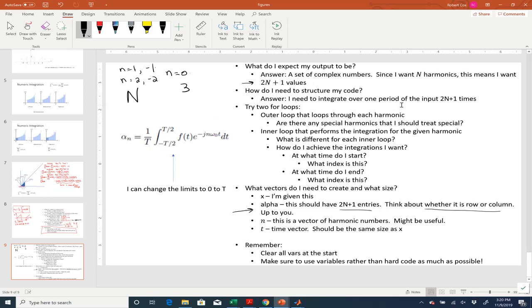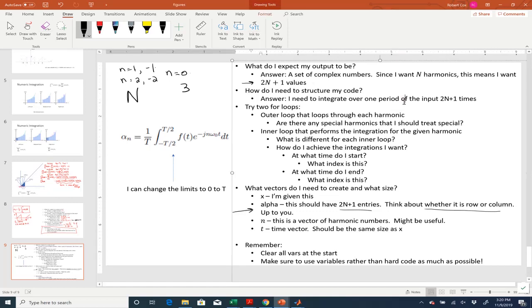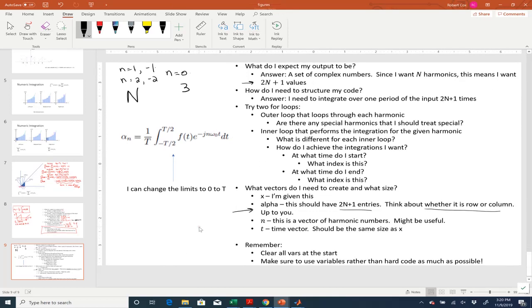Well, again, I need to integrate over one period of the input, but I need to do it 2 times n plus 1 times. In other words, I've got to compute this integral right here once for n equal to 0, twice for the fundamental, meaning for n equal 1 and n equal to minus 1, and then for n equal 2 and minus 2, and then for n equal 3 and minus 3.